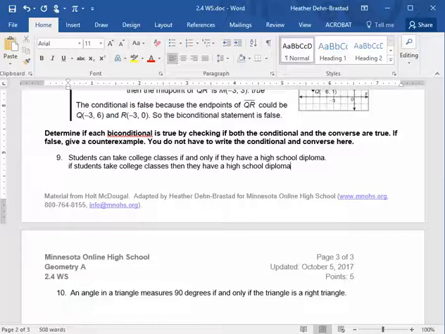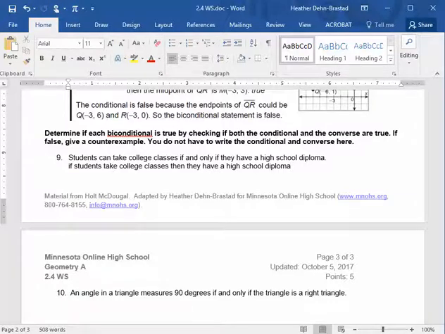Is that true or not? Well, we have students in this class who are taking college classes at the same time that they're in high school. It's called PSEO, Post-Secondary Enrollment Option. Some schools also offer college in the schools classes where they're taking a college class right in their high school and getting dual credit. They're getting high school credit and college credit for it.